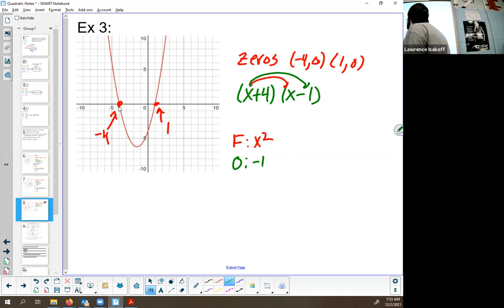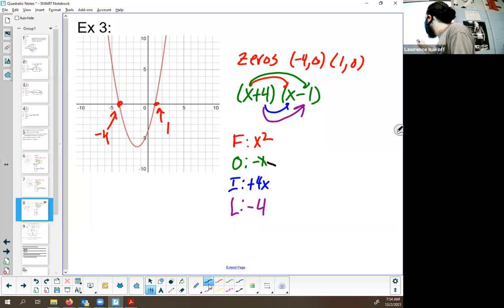That's just going to be -x. My inner is 4 times x. That's going to be a +4x. And then last, I have 4 times -1. That's going to be -4. My outer and inner are always my like terms, so I can always combine them. So x squared, then -1 plus 4 would be a +3x minus 4.